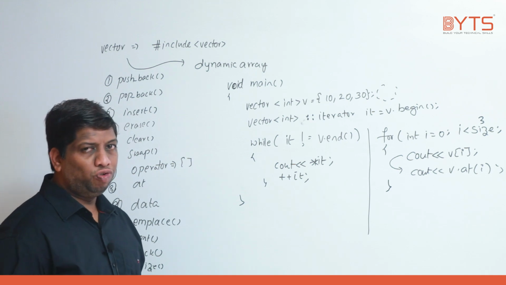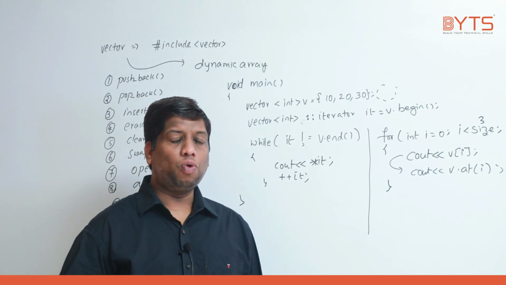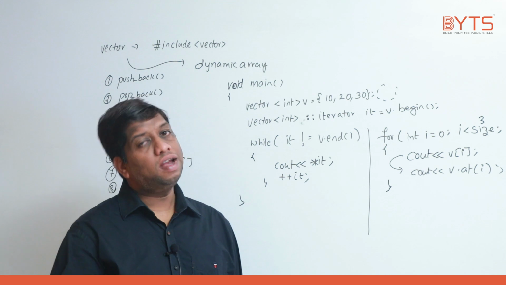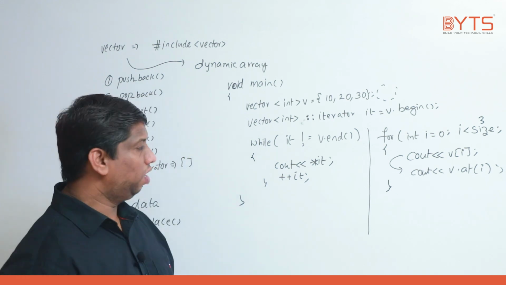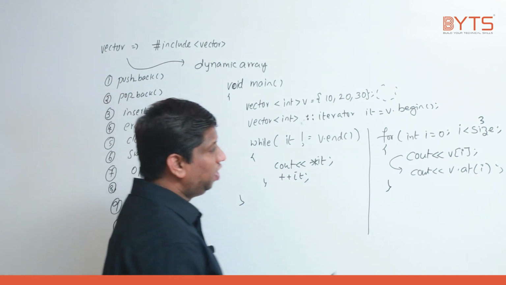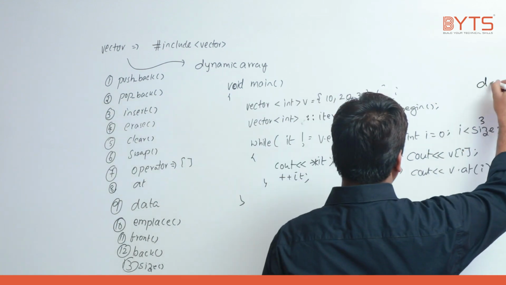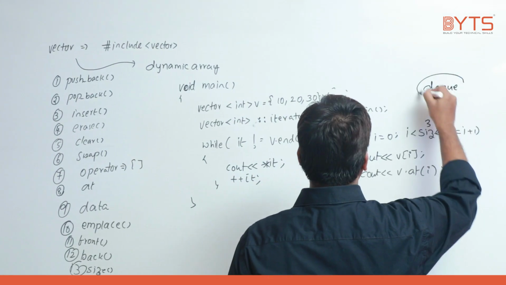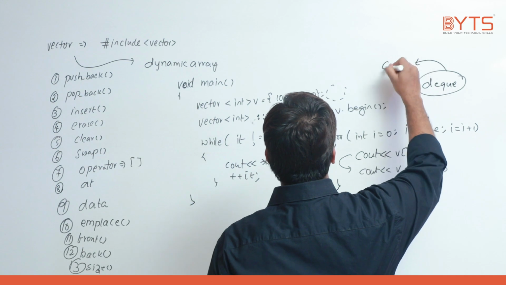Fine. Now try to understand what is the difference between vector and dq, right? See here, in the case of dq, internally it is using a doubly linked list.